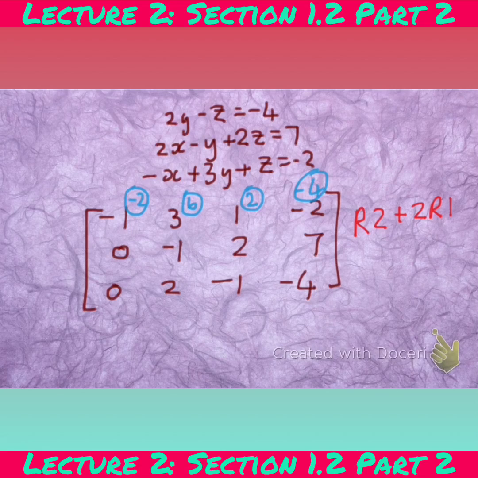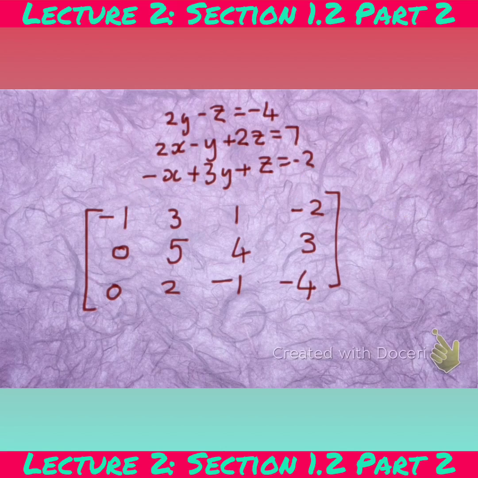Then the second entry is going to be 6 plus minus 1, which is 5. So I'm going to replace minus 1 with 5. Then the third entry is going to be 2 plus 2, which is going to be 4. So I'm going to replace that with 4. And then the last entry is 7 plus minus 4, which is going to be 3.